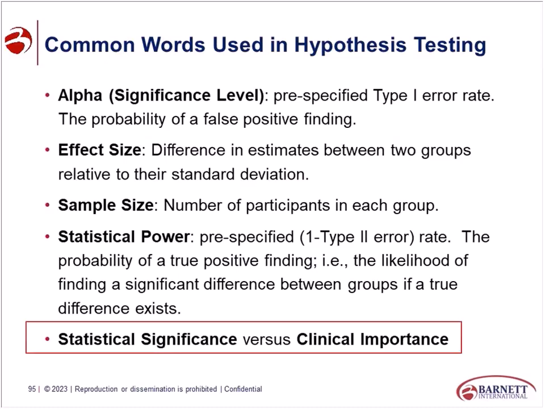And then if there's anything to leave you with, statistical significance versus clinical importance. Just because a result is not significant, you may actually be onto a clinically important finding.